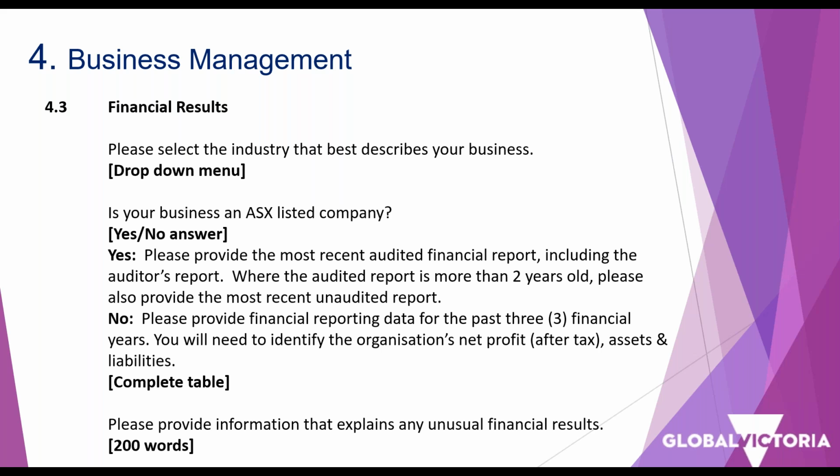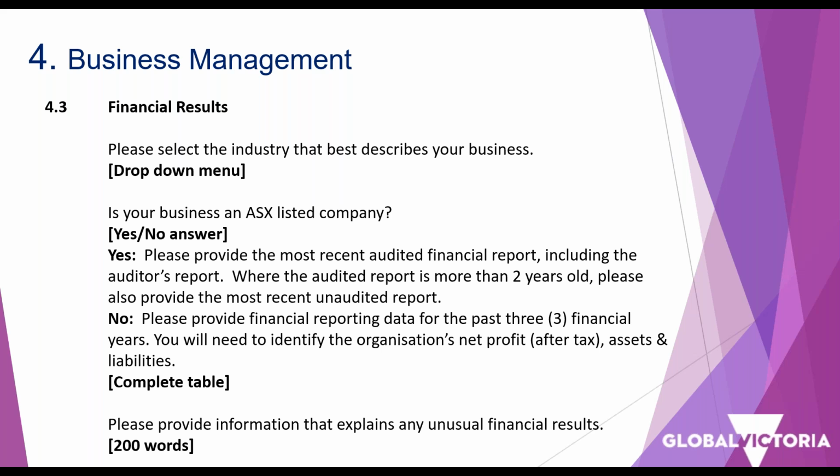The second component of this question asks if your business is an ASX-listed company. It's a yes/no answer, and depending on whether you answer yes or no, you're going to complete one part or another part of the application. So if you answer yes, I am an ASX-listed company, you are then going to provide your most recent audited financial report, and that needs to include the auditor's report on your business.